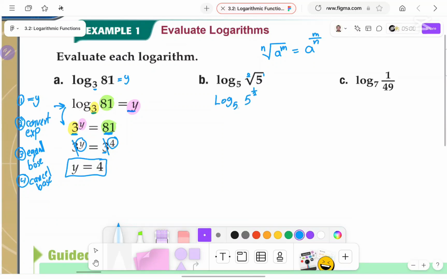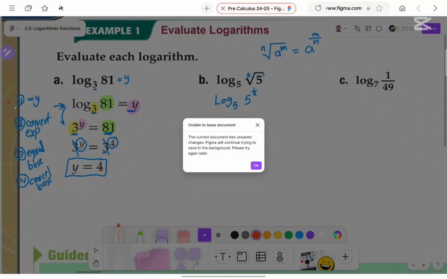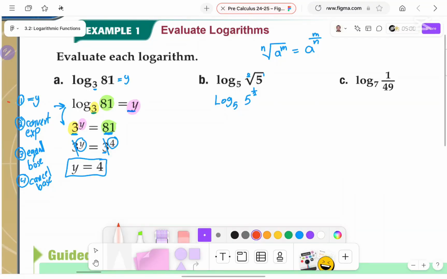Now, as you can see here, I have the same bases. Step number 2, we are going to equal it with y. Then we convert to exponential.